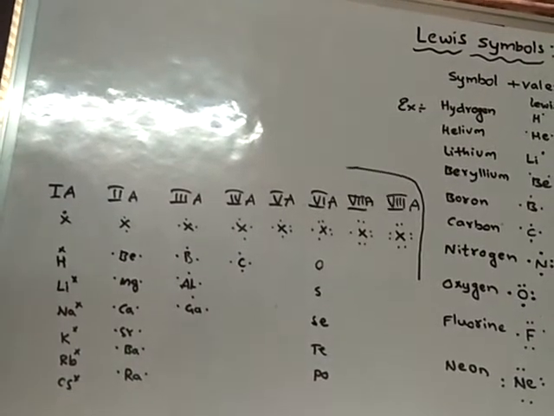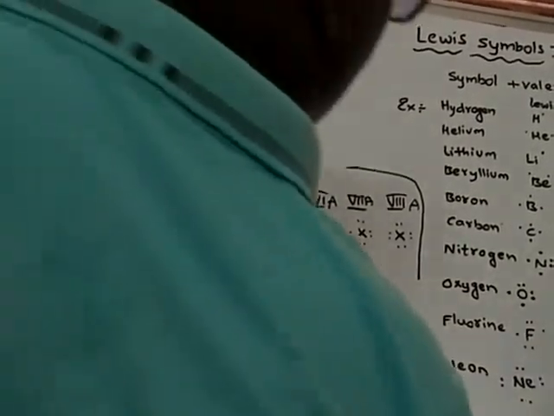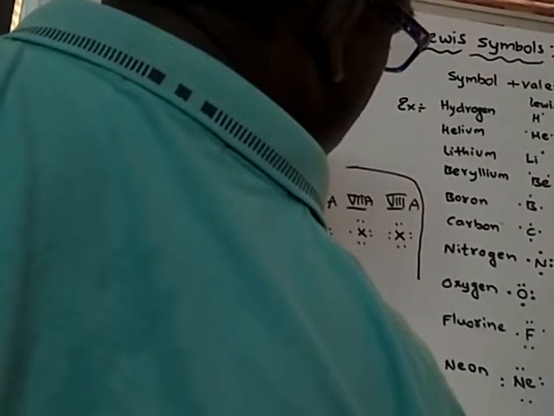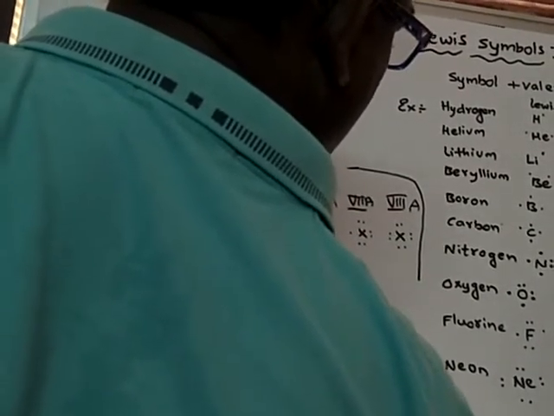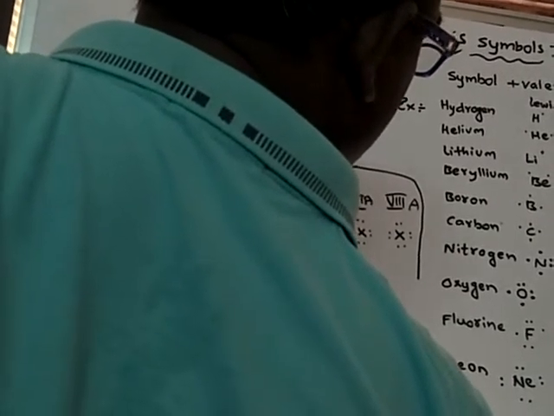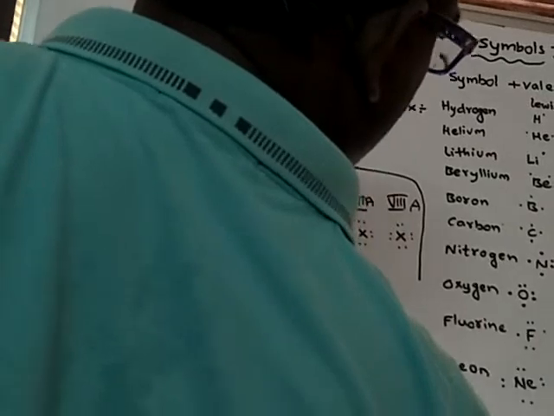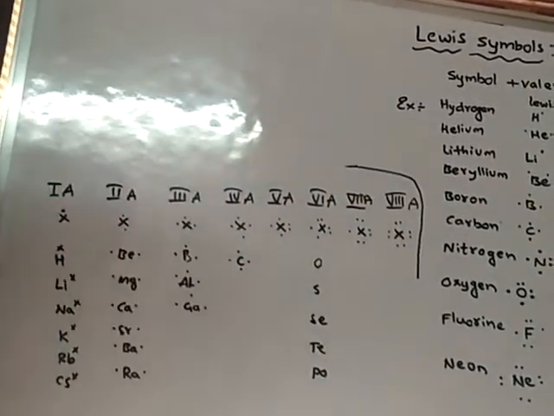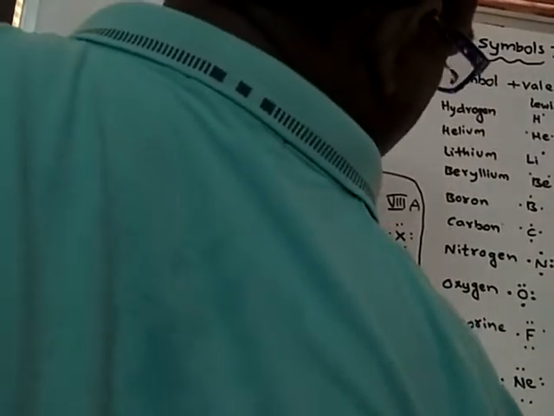For example, take the sodium atom. Its configuration is 1s2, 2s2, 2p6, 3s1. Here, this is the first shell, this is the second shell, and this is the outermost shell, or valence shell. It has only one electron.